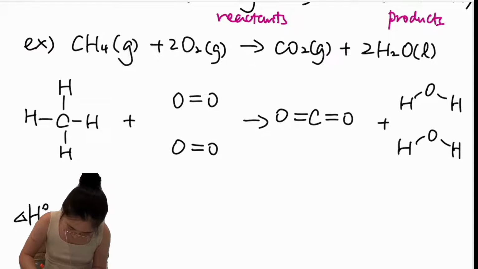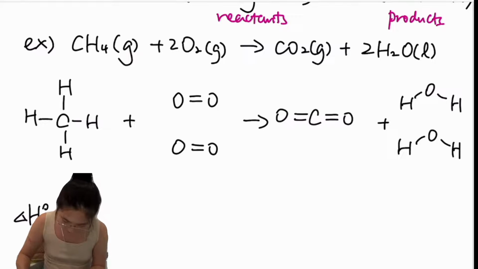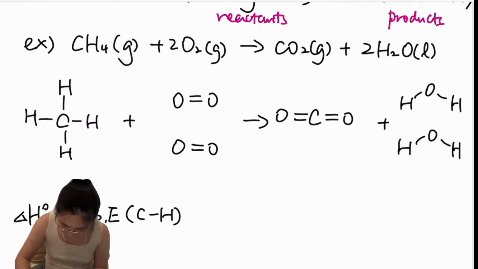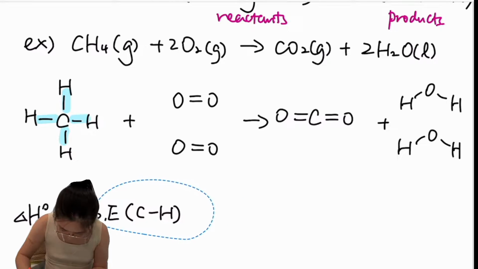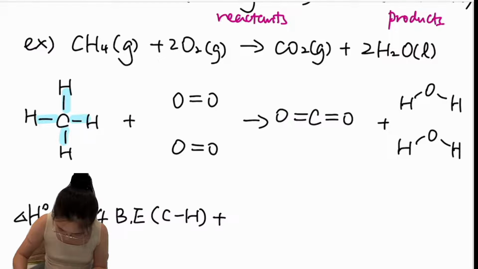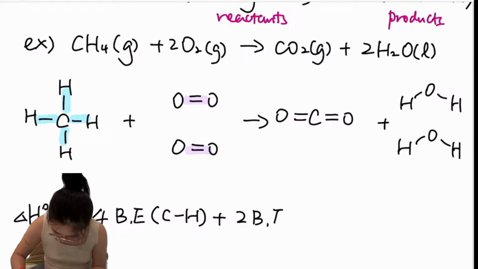So the enthalpy change of this reaction is equal to the bond enthalpy to break the carbon-hydrogen single bond. I have 4 carbon-hydrogen single bonds, so I multiply this bond enthalpy by 4. Plus I have 2 oxygen-oxygen double bonds, so it's 2 times the bond enthalpy of the oxygen-oxygen double bond.